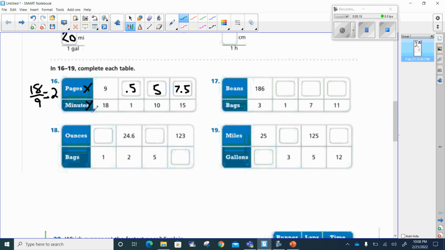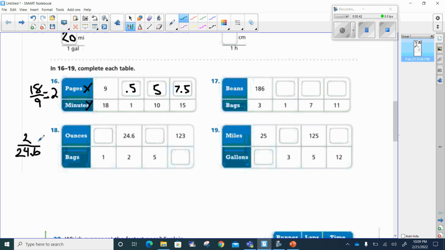All right, going to number 18 now. Again, we can find the rate here. This is 2 over 24.6. And when we do this, we realize they can both be reduced by 2, right?